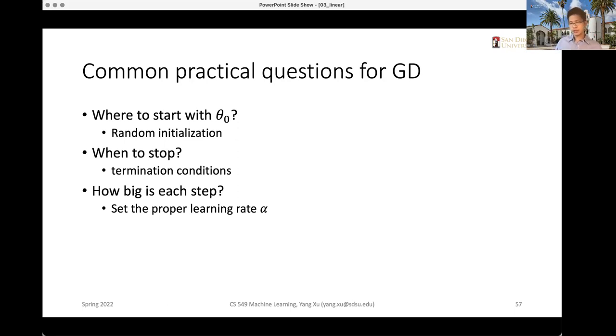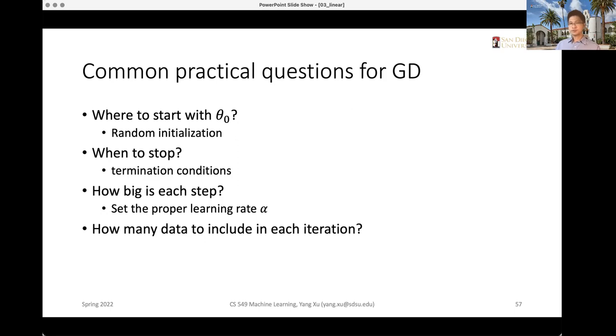The learning rate will largely determine how fast our algorithm converges, or whether it converges at all. So the choice of a proper learning rate alpha is critical to the training of models. And the fourth question: how much data to include in each iteration?